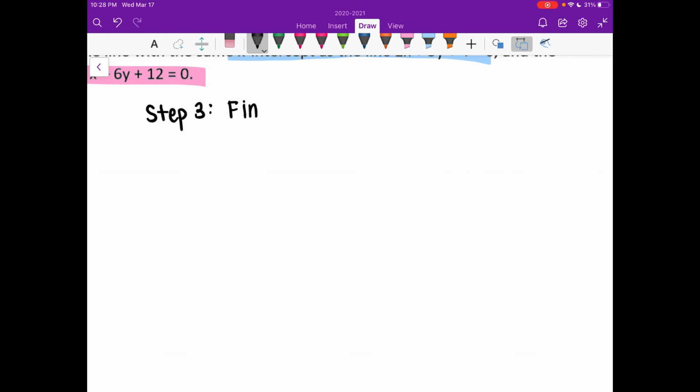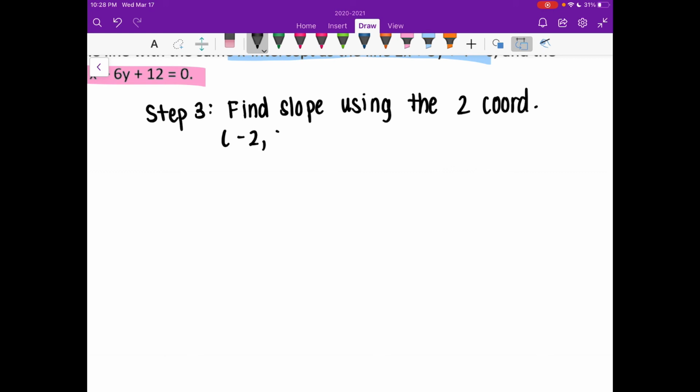Step 3: find the slope using the 2 coordinates you found. So you're going to use negative 2, 0 and 0, 2. I'm going to say this is x1, y1 and this is x2, y2, and I'm just going to plug it back into my formula for slope.